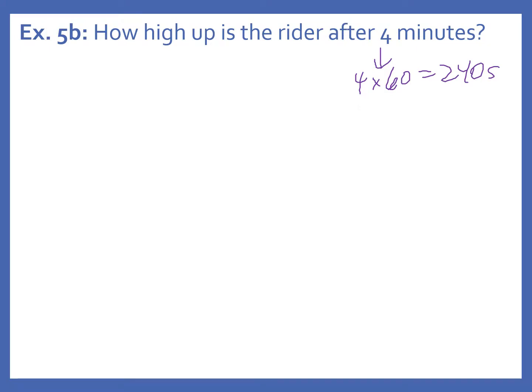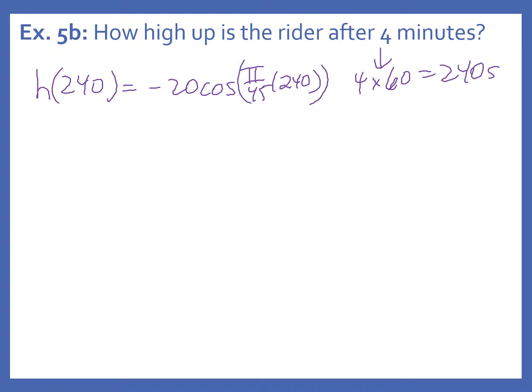So going to our equation, h of 240 in this case, and if you kept your scale in minutes for the last question, you would sub in 4. I did seconds, so we're going to do seconds, and then negative 20 cos pi over 45 times 240 plus 21.8.